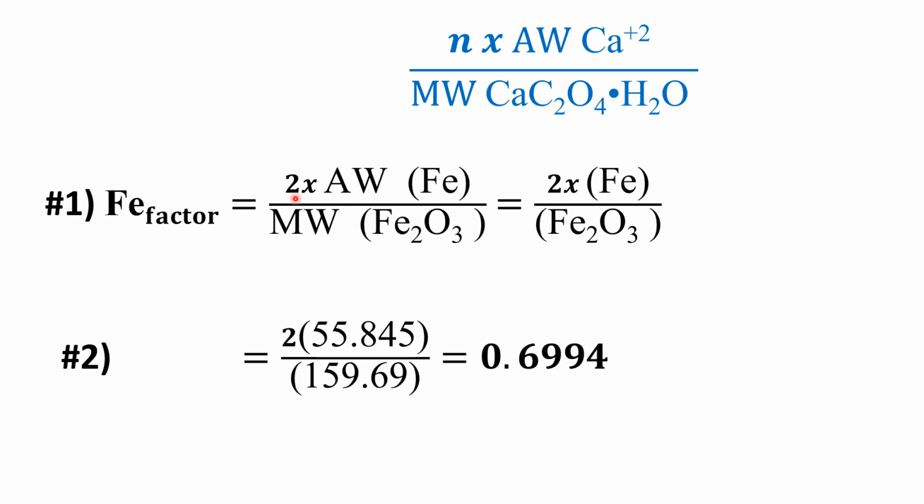Kaya yung N mo dito will be 2. 2 times atomic weight of iron over molecular weight of ferric oxide. Pwede mong isulat na ganito, 2 times Fe over Fe2O3. Understood na yon na this one is atomic weight and the one at the bottom is molecular weight. So this is plugging in the values, given naman tong values na to, you will get 0.6994.